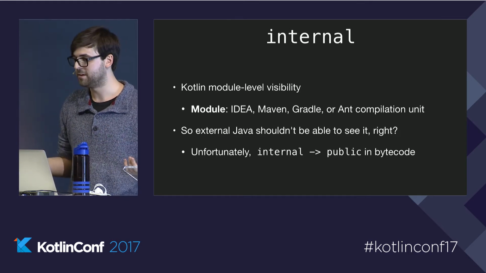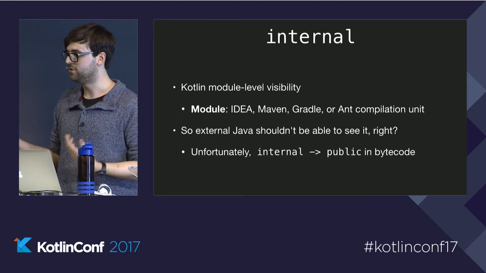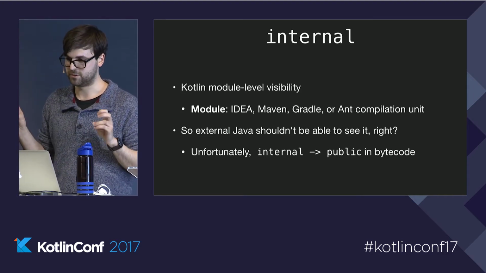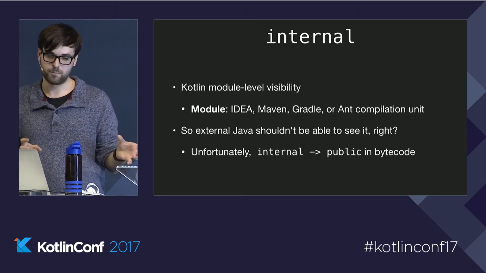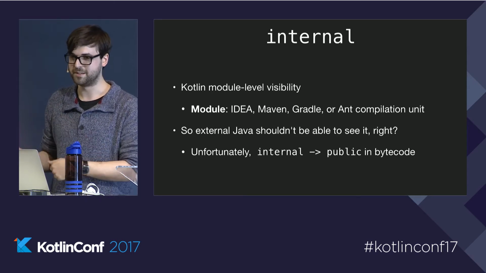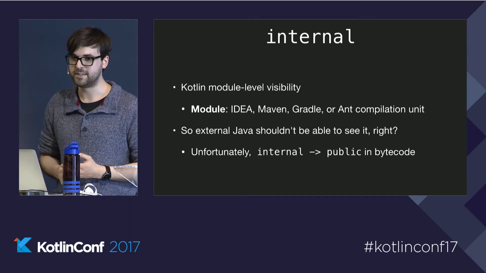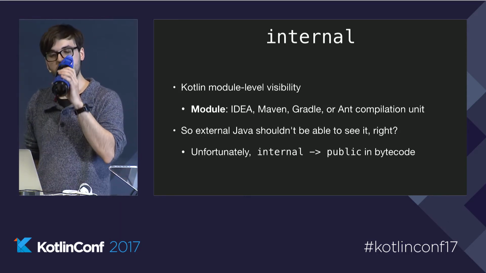So it has to be public. So it becomes public, and your Java consumers can actually use the function that you thought was internal. But it's worth noting that the compiler does mangle the names, and it does that on purpose. We're hurting discoverability here on purpose because this thing actually shouldn't be discovered, right? So you don't stumble upon it in your IDE. It doesn't look like something you should actually call into, which is a good thing.